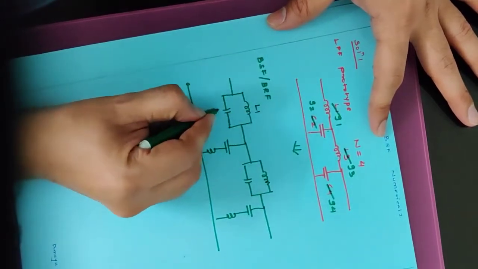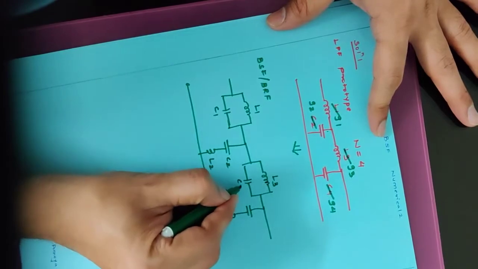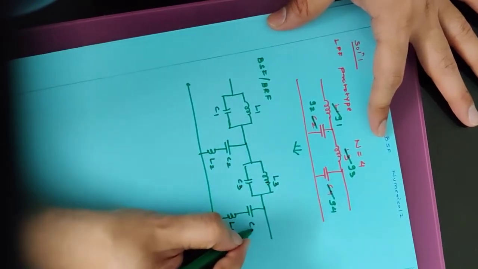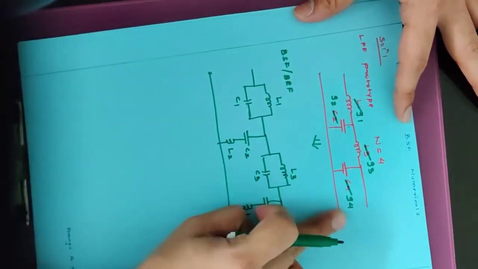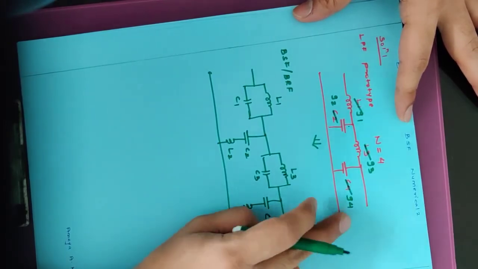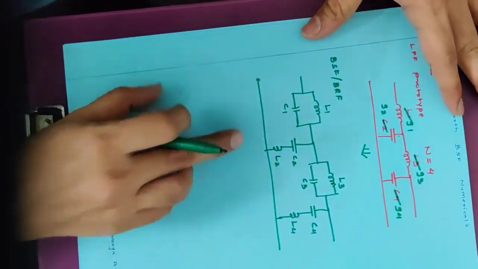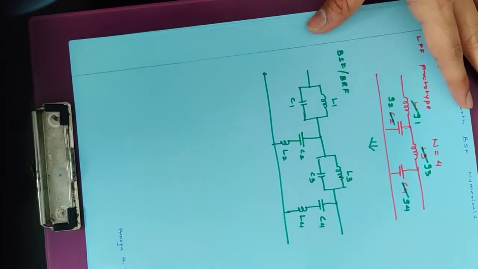So this I will have L1, C1, L2, C2, L3, C3, L4 and C4. This is the low pass filter prototype designed for the normalized frequency of 1 radian per second and normalized impedance of 1 ohm.